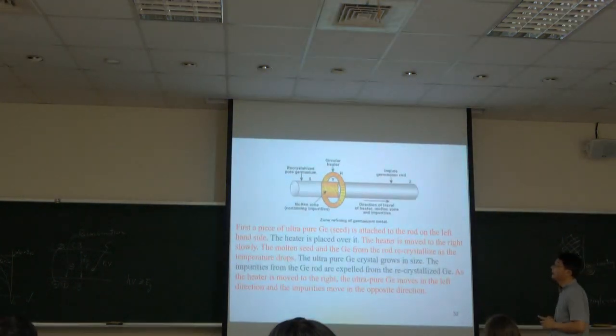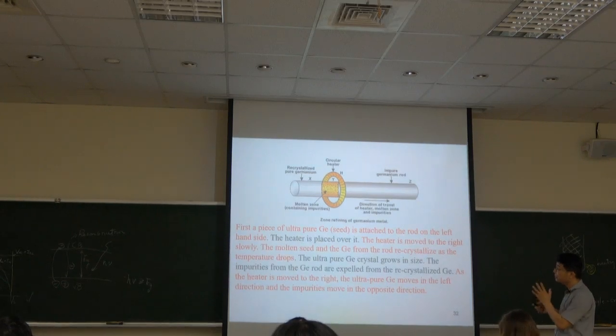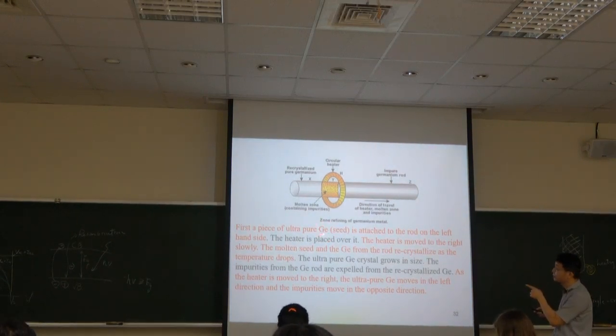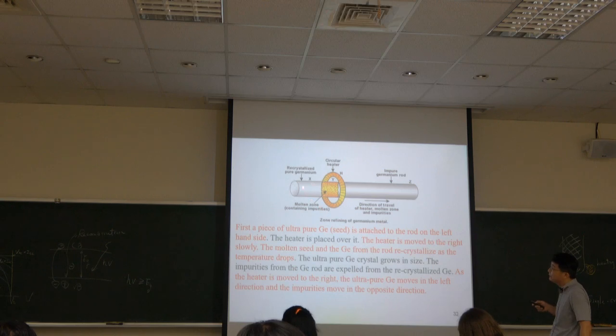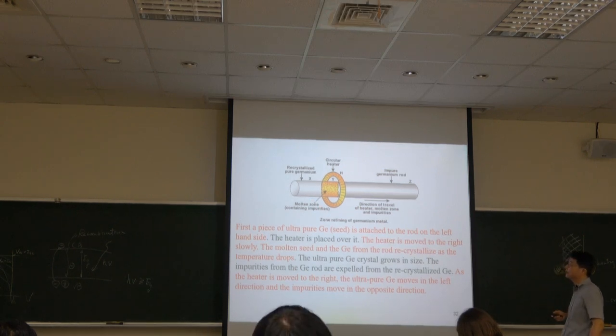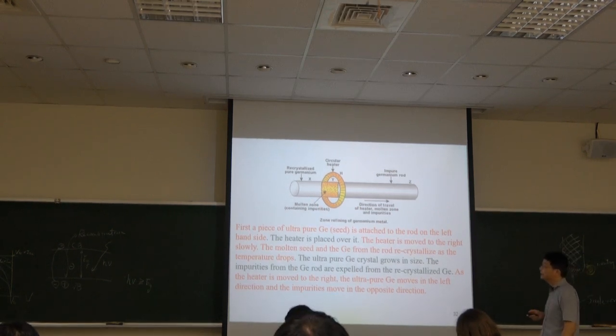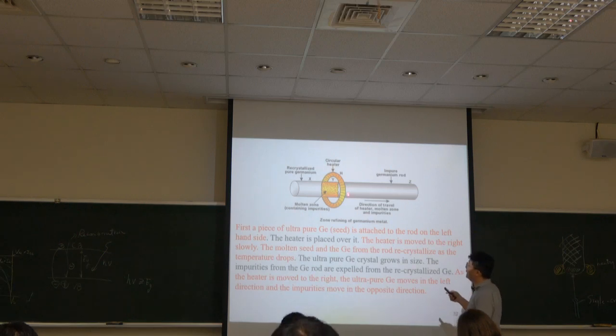This slide shows that, for example, we want to purify the germanium seed, because inside there may be a lot of impurity, and we can use zone refining. This is similar to the float zone.